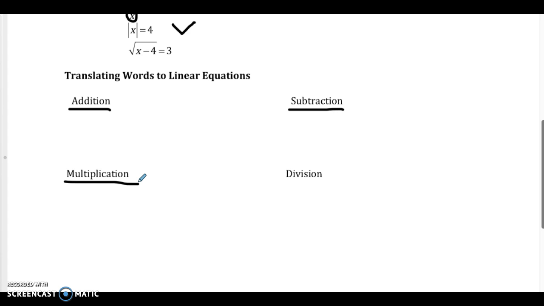And then division. If the problem is talking about dividing something into equal groups, or everyone gets the same, or if you hear the word quotient, divided, or shared, those are all indications you probably have some form of division in your equation.